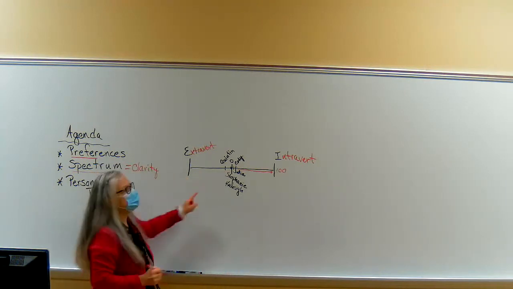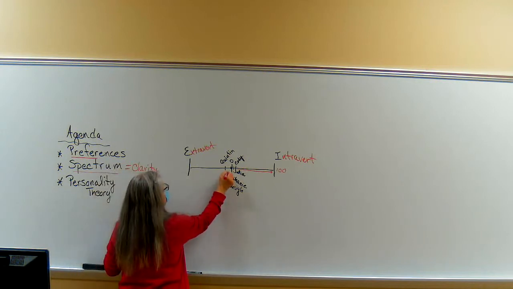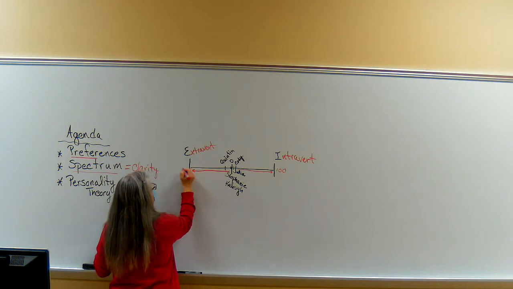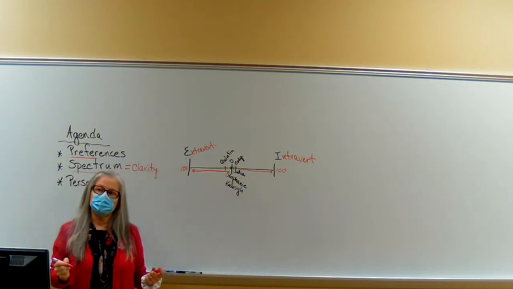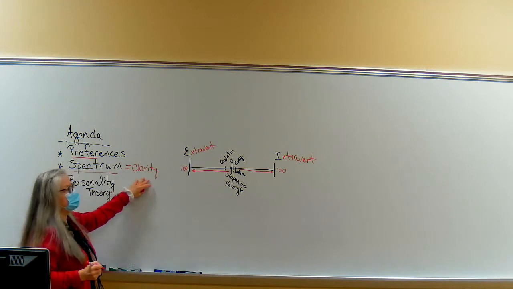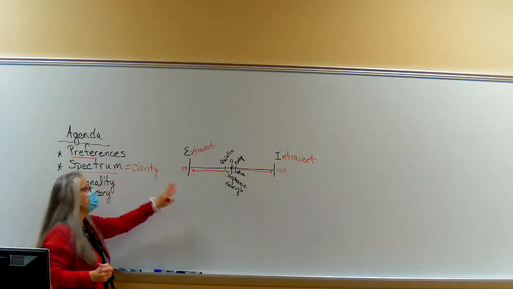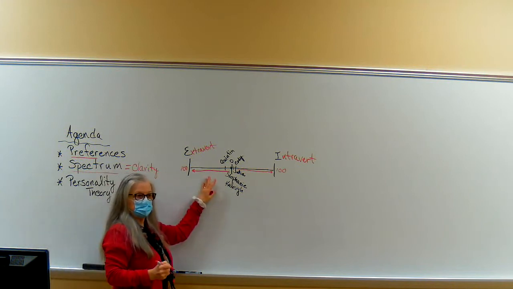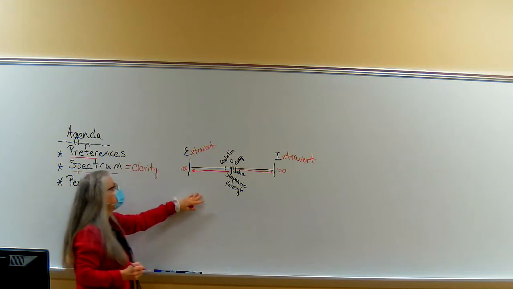All right? But it's the same thing for the extrovert. Going in this direction from 0 to 100, the extrovert also knows with clarity what it is that they prefer in their behaviors. Okay? Is this starting to make sense? Yep, how it works? Okay.